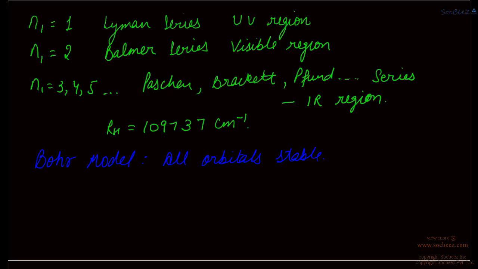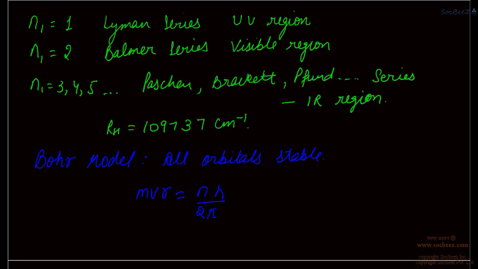This is because the angular momentum of an electron moving in a stable state is quantized. Bohr said that the angular momentum of an electron moving in a stable state is quantized. Quantized means it is an integral multiple of h upon 2 pi.